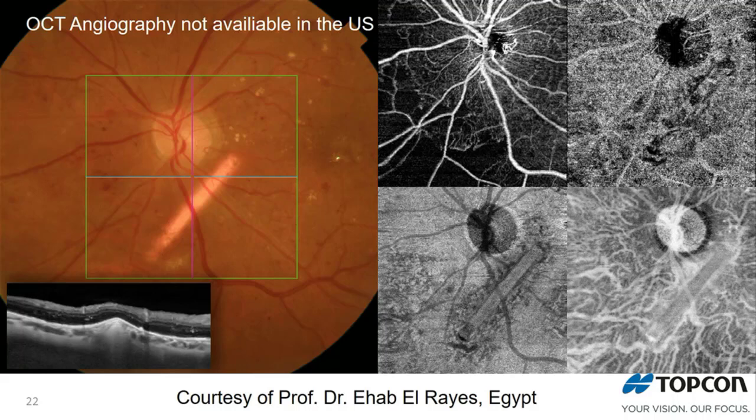intraocular pressure. So instead of injecting it intravitreally, what he did was he created a special cannula. So he went around the eye and placed it between the sclera and the choroid, so suprachoroidally.